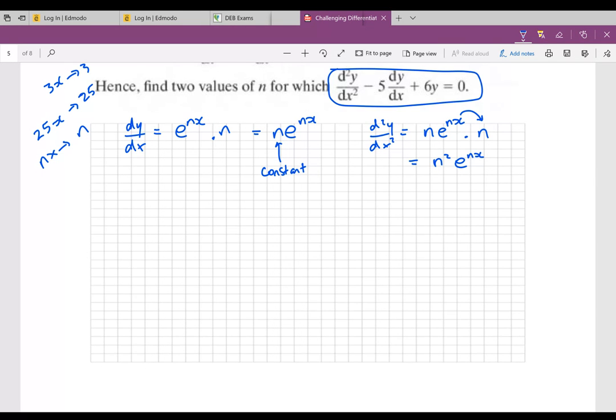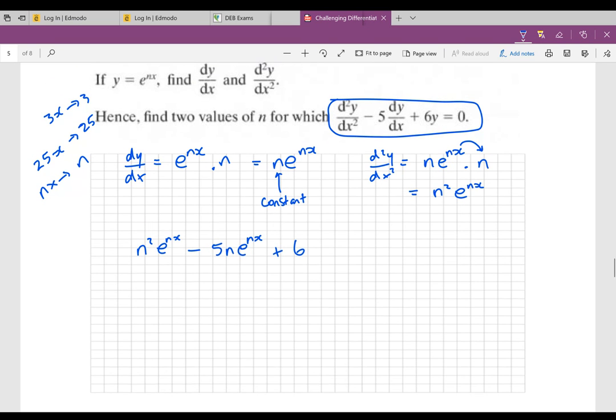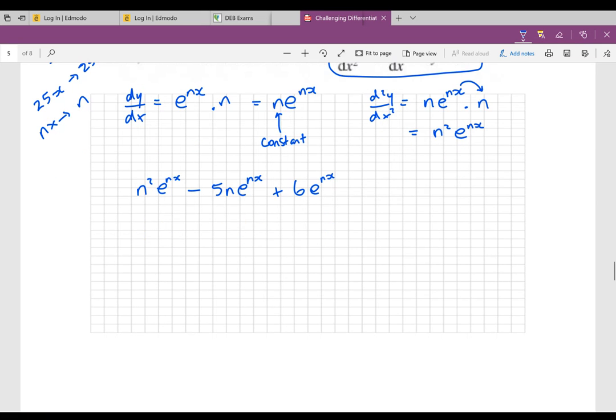Then to use this, d2y dx2 is n squared e to the nx, minus 5 times dy dx, which is n e to the power of nx, plus 6y, so plus 6 times e to the power of nx, equals 0. e to the power of nx is in all of them, so I can divide it out completely. n squared minus 5n plus 6 equals 0 is your quadratic equation.